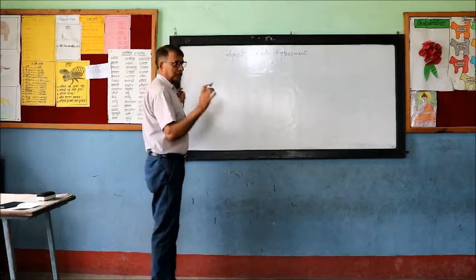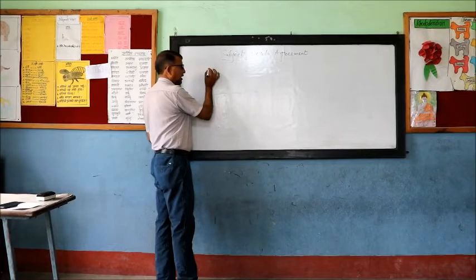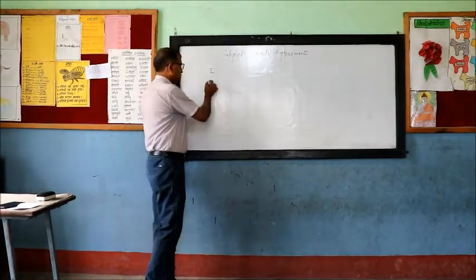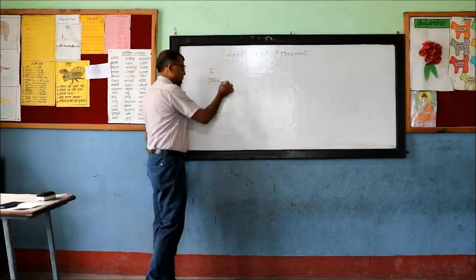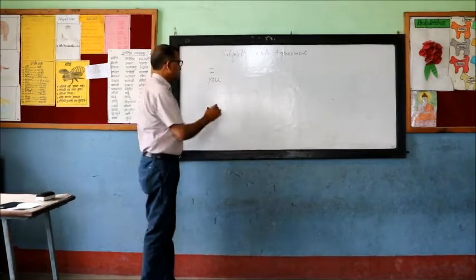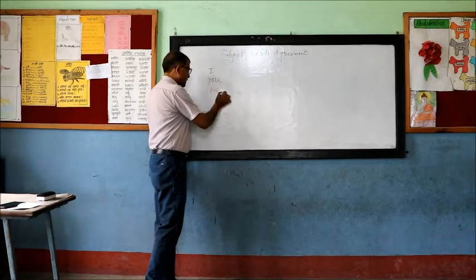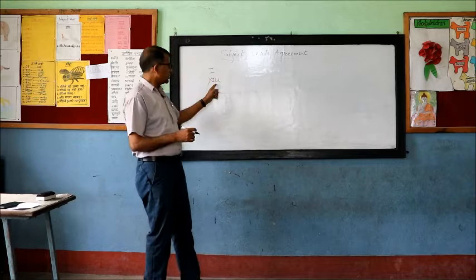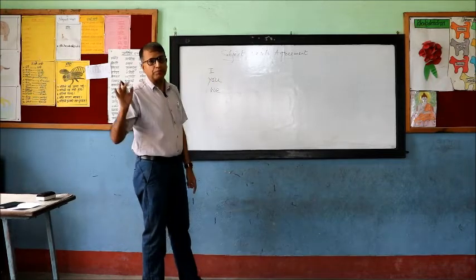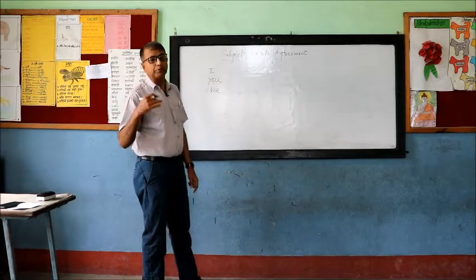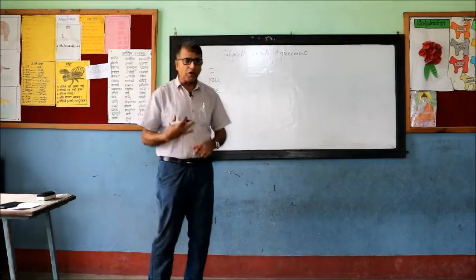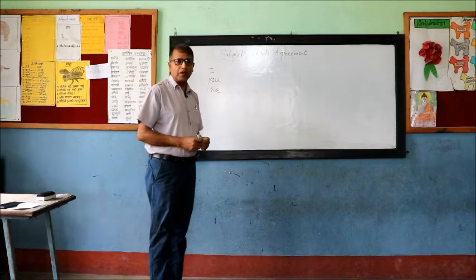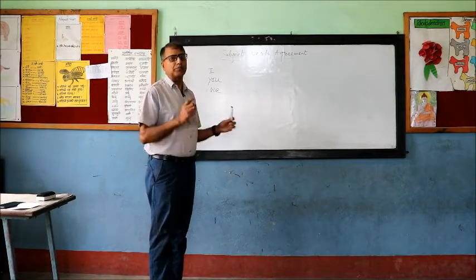If the subject of the sentence is not I, not you, and not we, then any other subject apart from I, you and we is third person. Let me repeat, any other subject apart from I, we and you is third person.